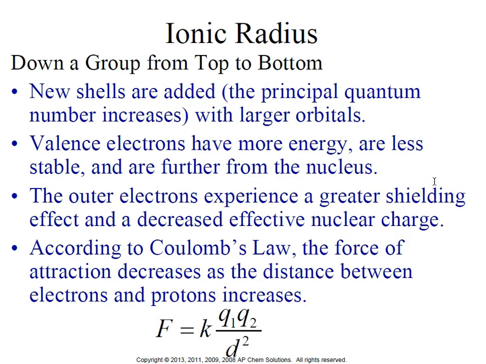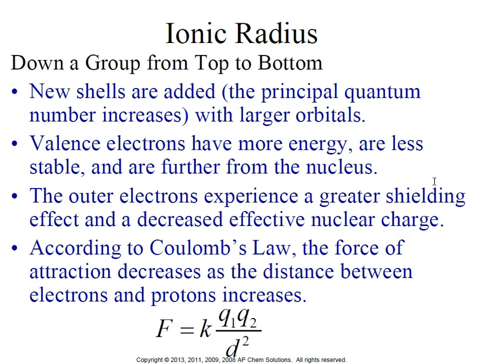All right, what about ions as we're going from top to bottom on the periodic table? Well, that's just the same thing, like lithium plus compared to sodium plus. If they have the same charge, we can just look at their location on the periodic table and say, well, as we go down, they're going to get bigger because new shells are added.